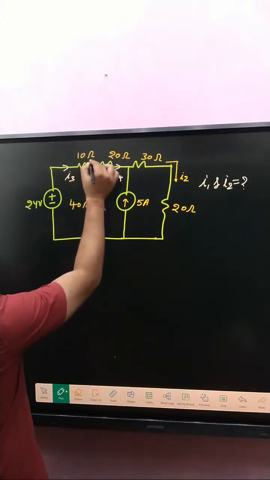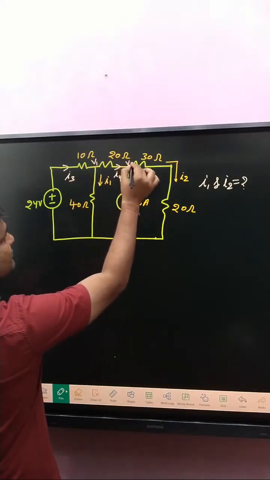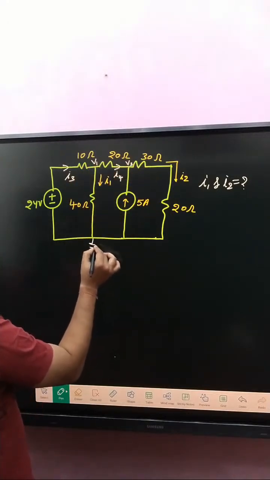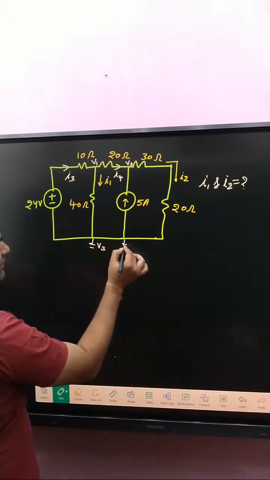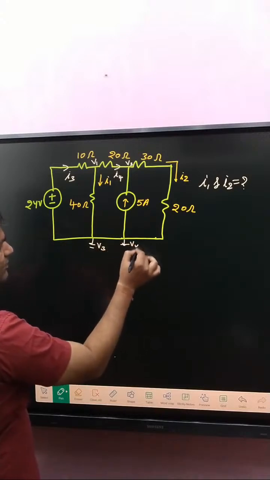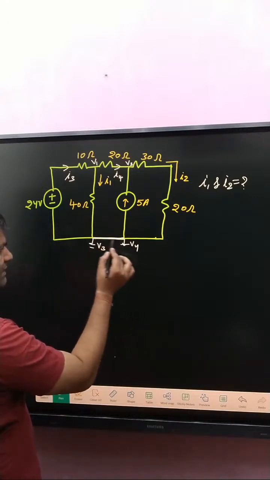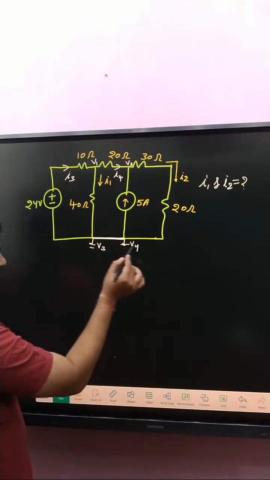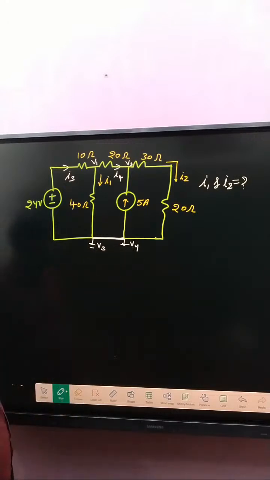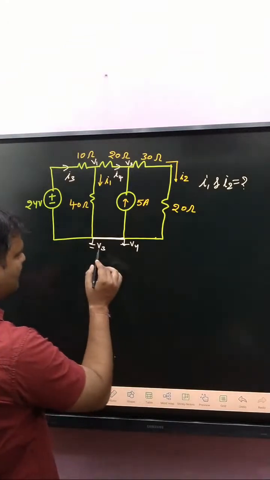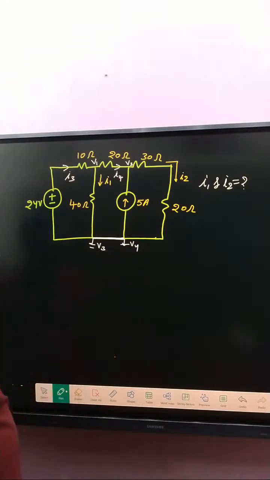So if this one is V1, that is V2, that one is V3, and that is V4. But no source or resistance is connected between these two, so these two nodes have the same potential. So you can say V3 equals V4.